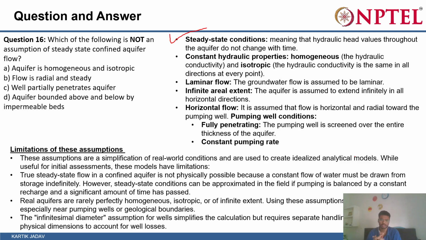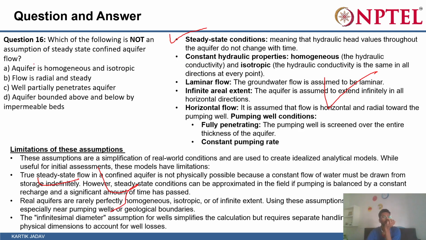Aquifer is of infinite areal extent, water flows from infinite directions of the aquifer and water flows only horizontally. This kind of limitation also has certain assumptions, which we have already discussed, so we can go through this.